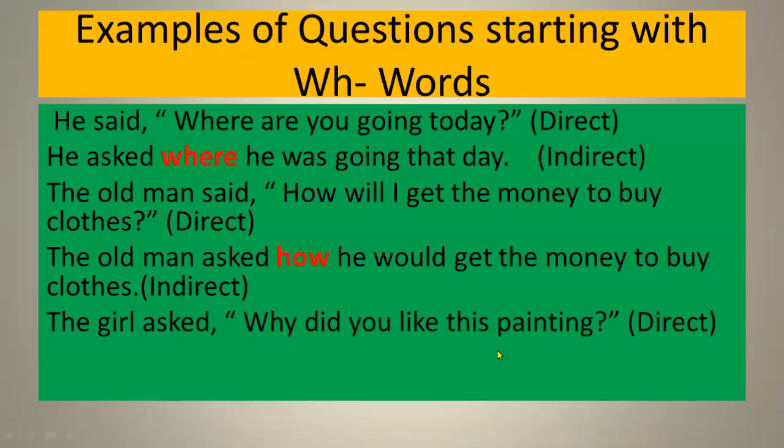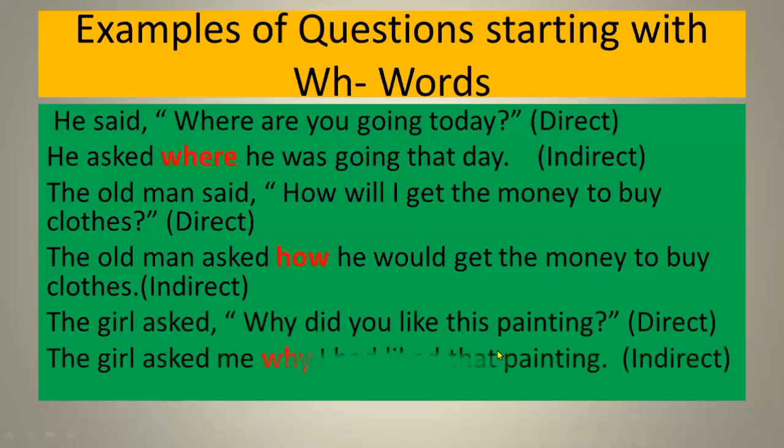Third example: The girl asked, "Why did you like this painting?" The girl asked me why I had liked that painting. Look at the changes. Why has been placed as a conjunction, inverted commas have been removed, the question mark has been removed, and a full stop is placed. Now look at the tense. According to the rules, if the reporting verb is in the past tense, past indefinite will change into past perfect.